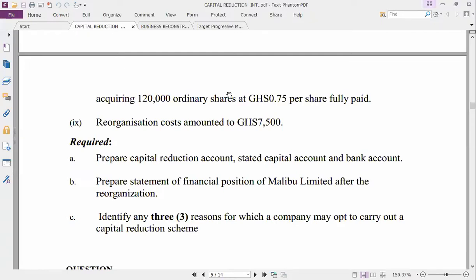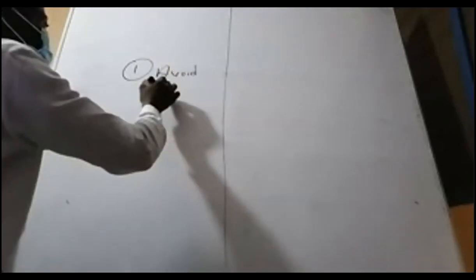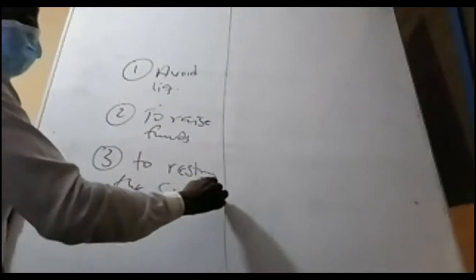Why do you prepare capital reduction? We should know the main reason for the capital reduction scheme. 1, prepare capital reduction scheme to avoid liquidation. 2, to raise funds. 3, to restructure the capital base of the entity to avoid bankruptcy.